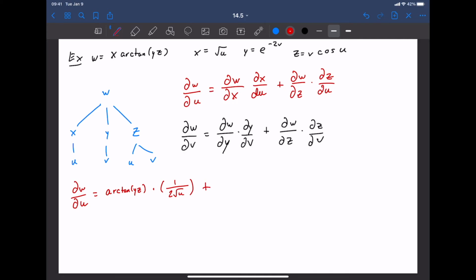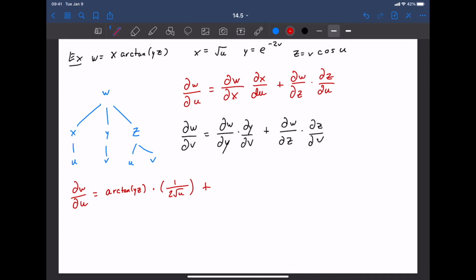Plus, now we're doing w with respect to z. W with respect to z, it's not a product rule. X is not a variable with respect to z. Then we have arctan. Sorry, x is a constant with respect to z. X is not a variable. I don't know if I said that right.